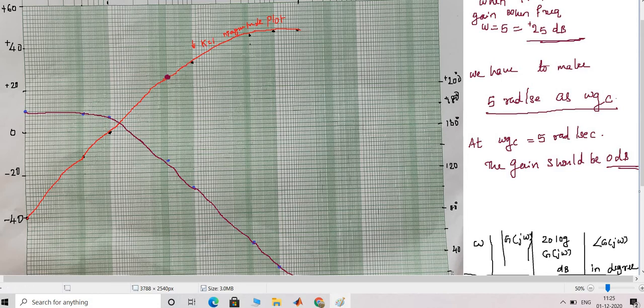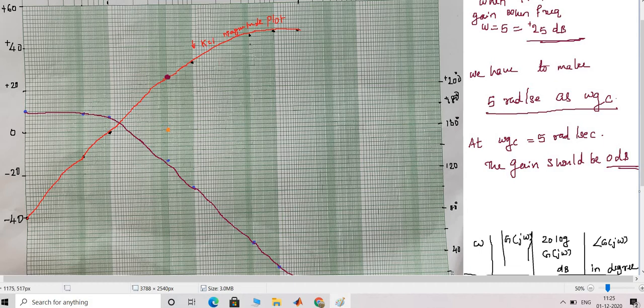So I am redrawing the plot. Corresponding to omega gc, that is 5 radian per second, the gain should be 0 dB.